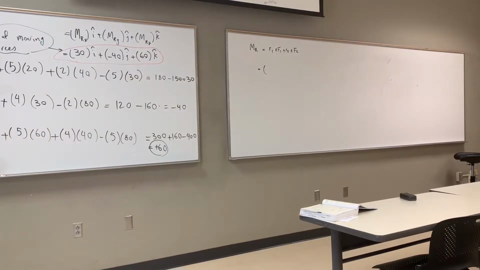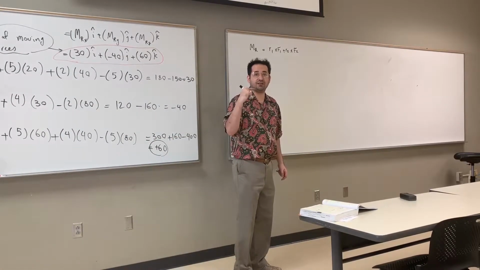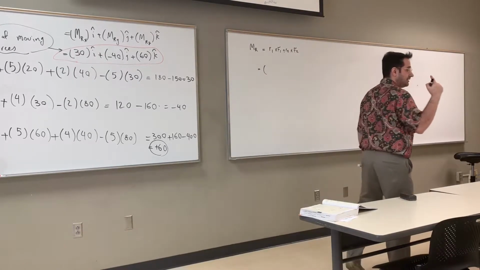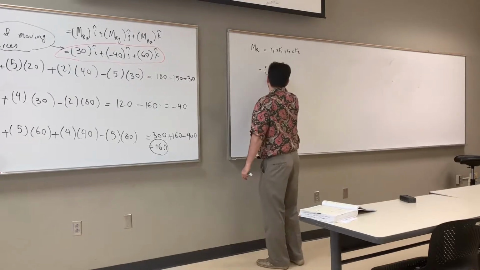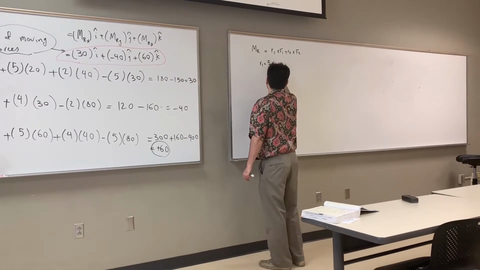R1 is starting from the reference point to the point that force 1 is acting on. So R1 is this one, 0i, 5j, 0k. It's only in the j direction, so R1 is 5j.